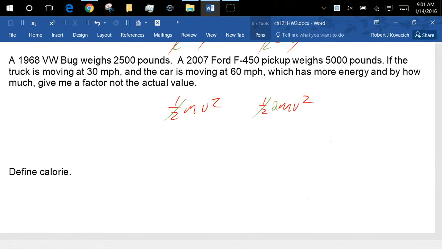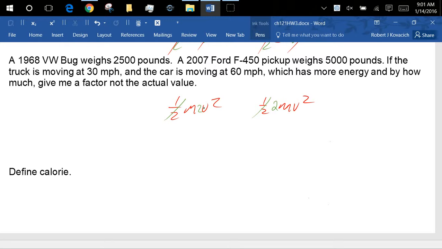But what's going on with the Bug? The velocity here is doubled. But since the velocity has an exponent associated with it, what does that 2 turn into? A 4. So the Bug's velocity contributes 4 times that of the truck in terms of kinetic energy.